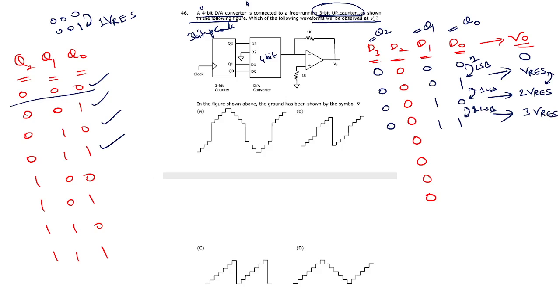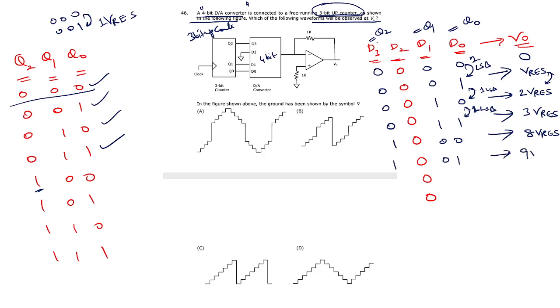Now your Q2 is 1, but Q2 is connected to D3. So 1, 0, 0. What is this actually? This is 1 time V resolution, 2 times, 3 times. This could be 8 times V resolution, right? Then 1, 0, 0, 1.